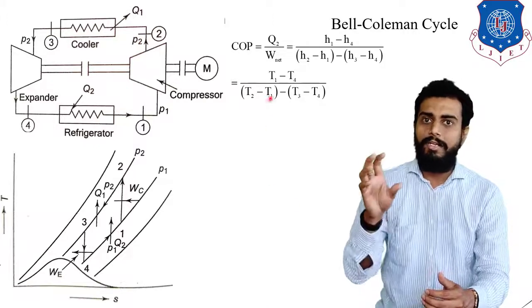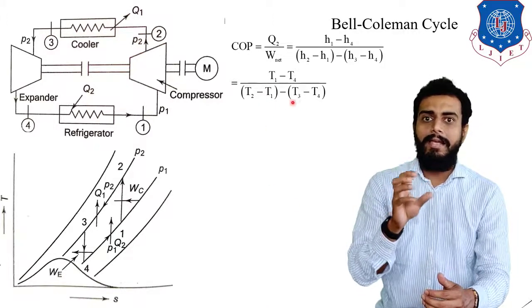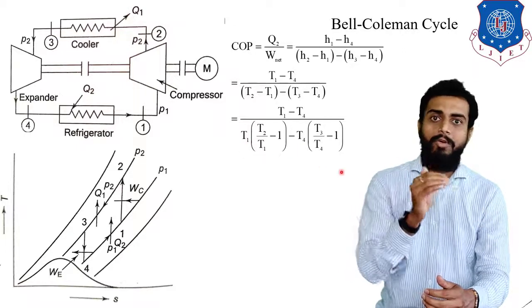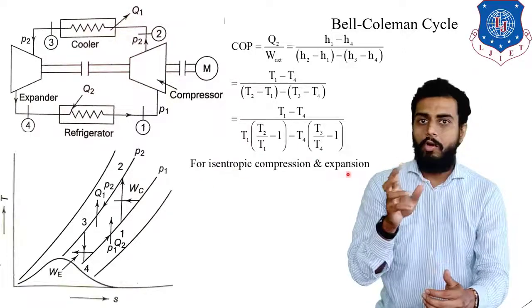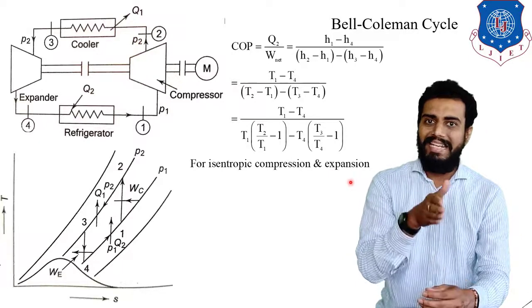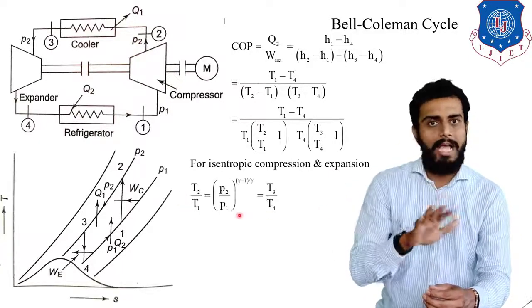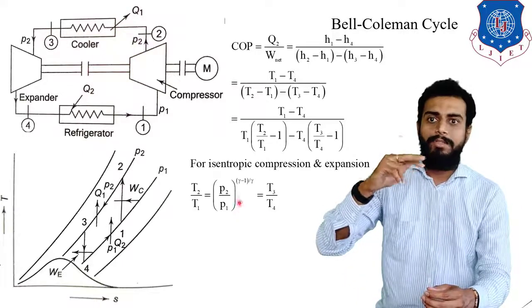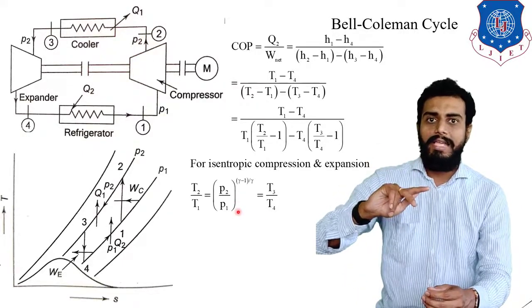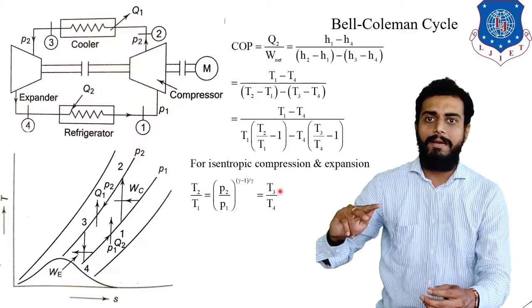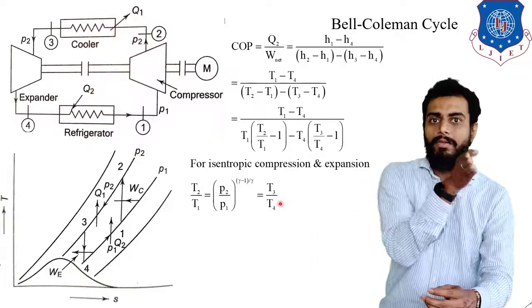Now you know that for reversible adiabatic compression and expansion processes, the PVT correlation we know, right? So according to that PVT correlation, one can write T2 by T1 is equal to P2 by P1 raised to gamma minus 1 upon gamma. Now you know that T2 by T1, that is during the compression, and T3 by T4, that is during the expansion, are equivalent.